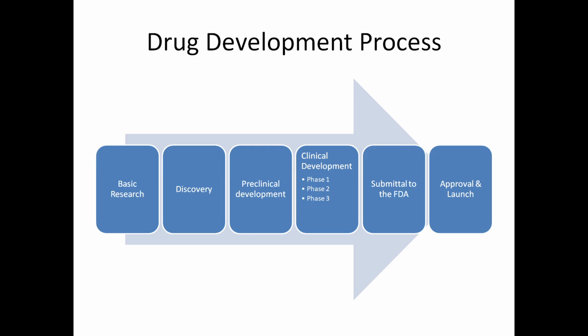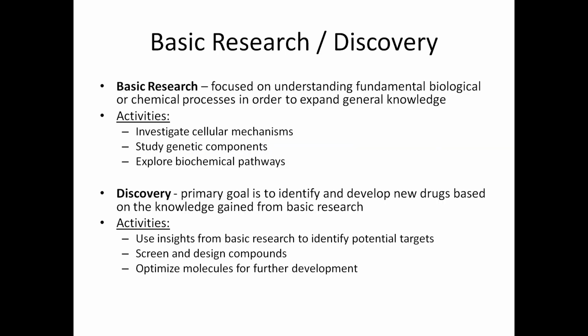One thing to note about this process is that it is a standard, and the basic steps are all publicly available on the FDA's website. Simply go to Google, type in fda.gov, and drug development process. So let's take a look at each of these steps in more detail.